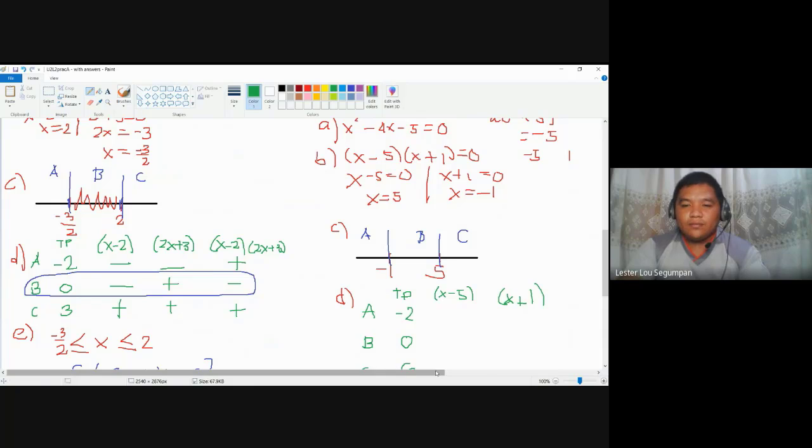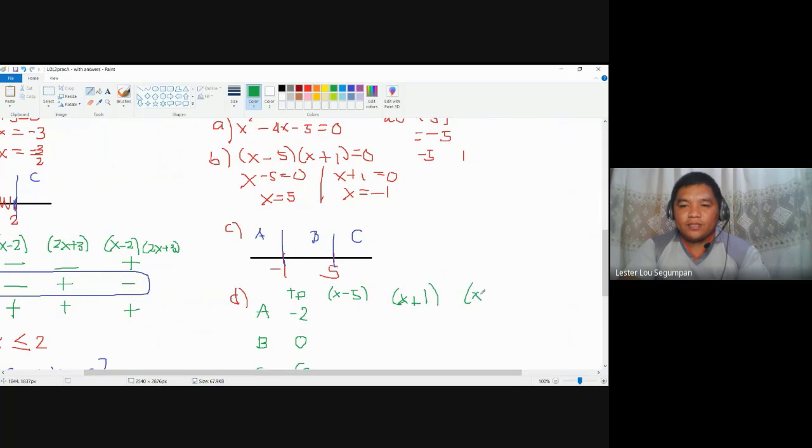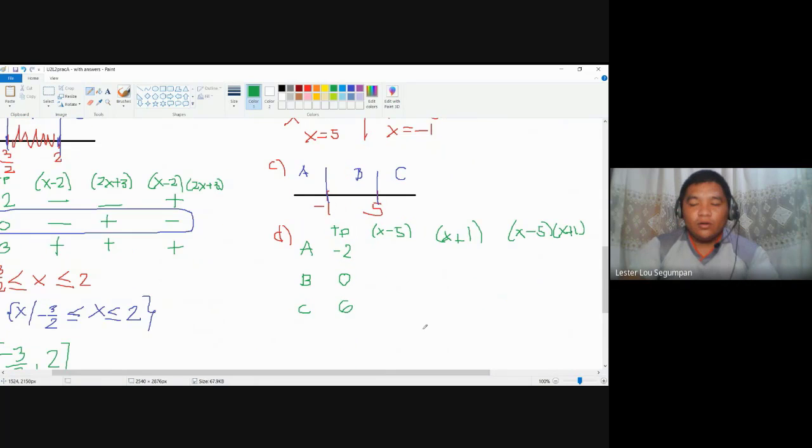and then the product of x minus 5 and x plus 1. Okay, so only give the sign. Here, negative. Here, still negative. 6 minus 5, positive. Here, still negative. 0 plus 1, positive. And then you have here, positive.